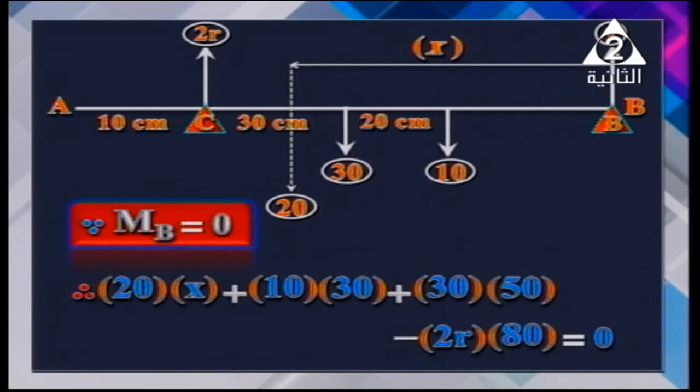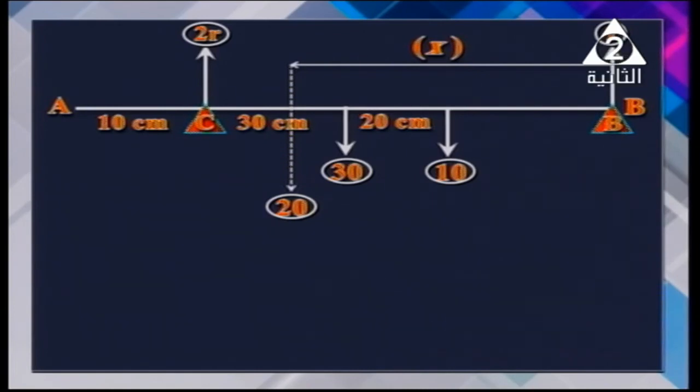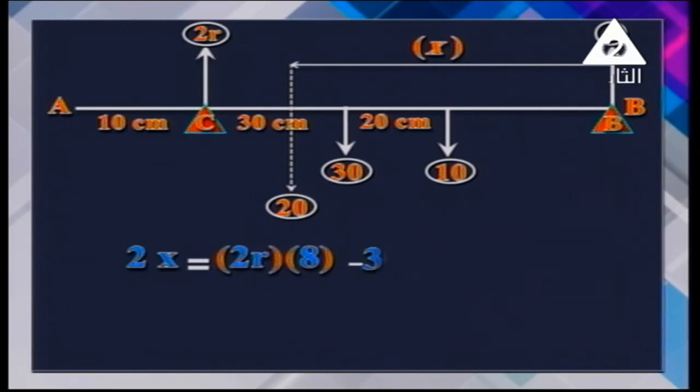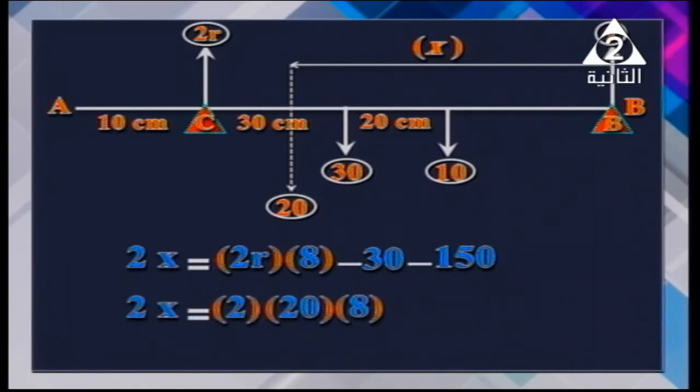In this example, we find the value of X. 2X equals 2R times 80 minus 30 times 50 minus 300, negative 150. Therefore, by substitution, R equals 20. Find the value of X. 2X equals 140.